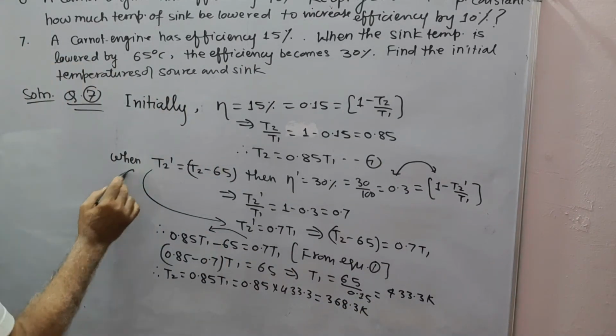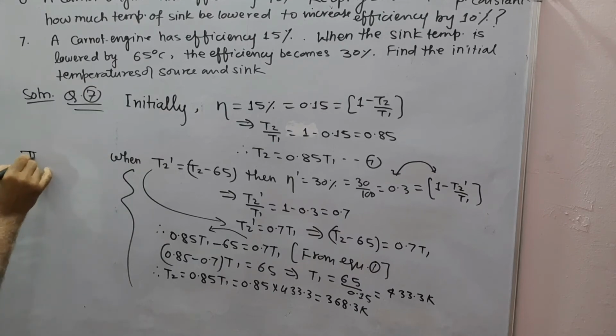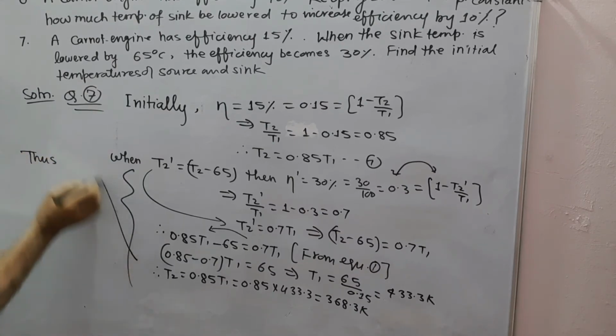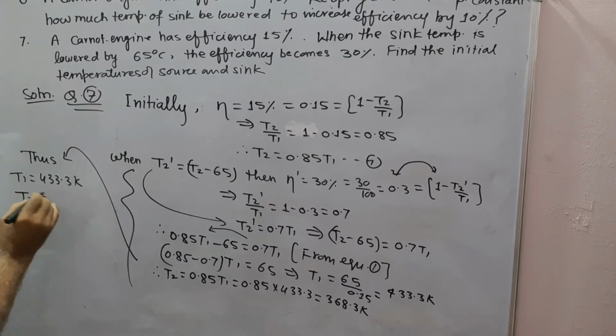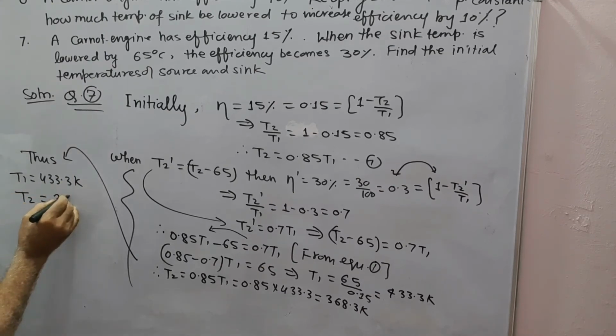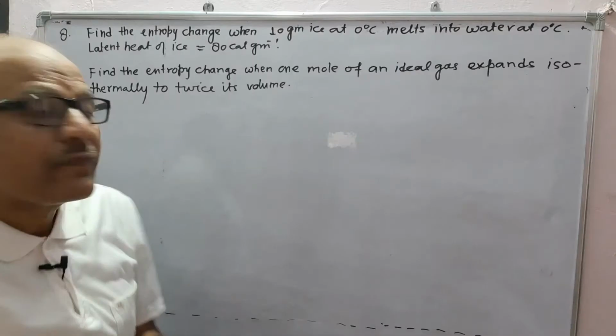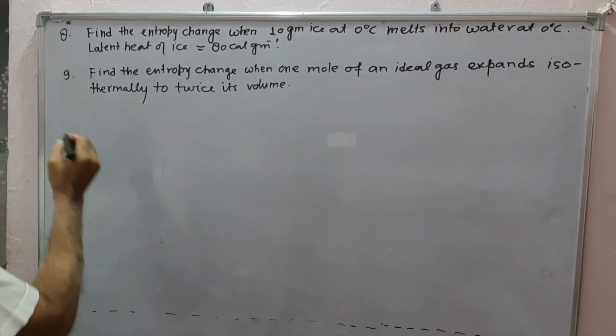And thus the initial source temperature was 433.3 Kelvin and the sink temperature T2 was 368.3 Kelvin.